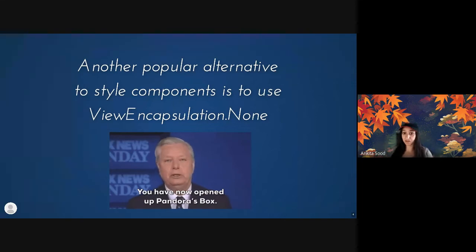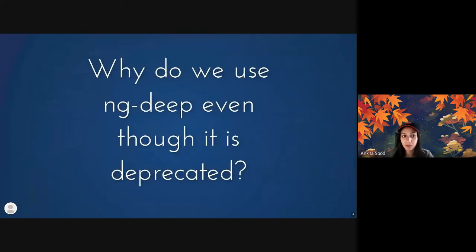If that solution works for you, that's great. But my team prefers to stick to the default encapsulation, which is emulated. Because with view encapsulation turned off, if someone doesn't look at the component, they don't know the styles they're adding there are really going to be global.